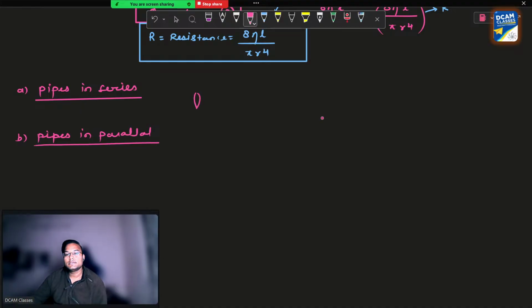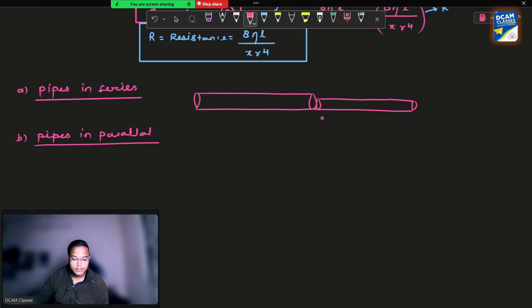What is this diagram? One pipe is there, another pipe is there. Suppose this is of length L1, this is of length L2. Pressure across this is delta P1.